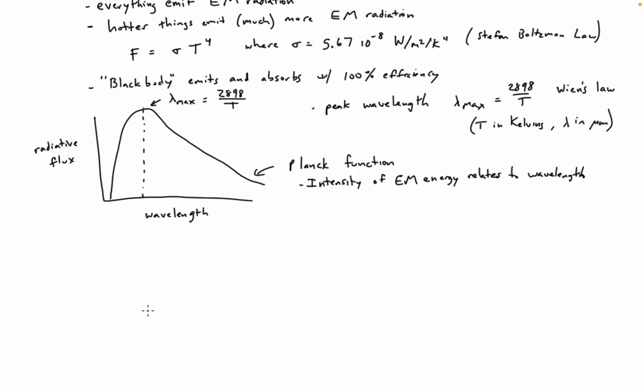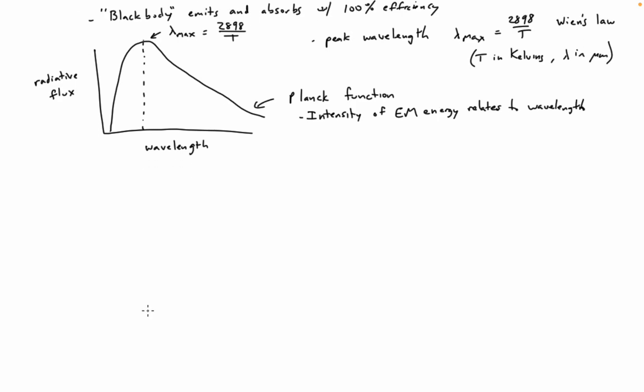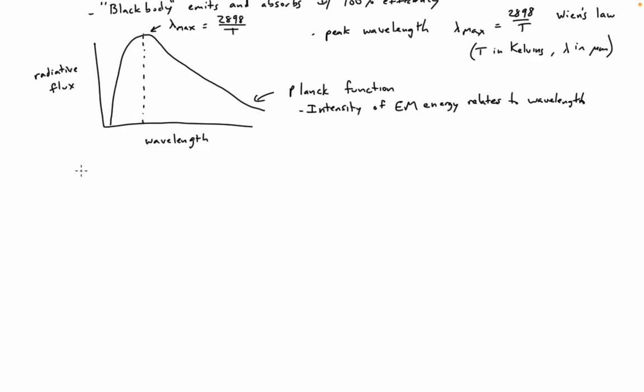So some examples. So the sun's temperature is around, at the surface, around 5,780 Kelvin.